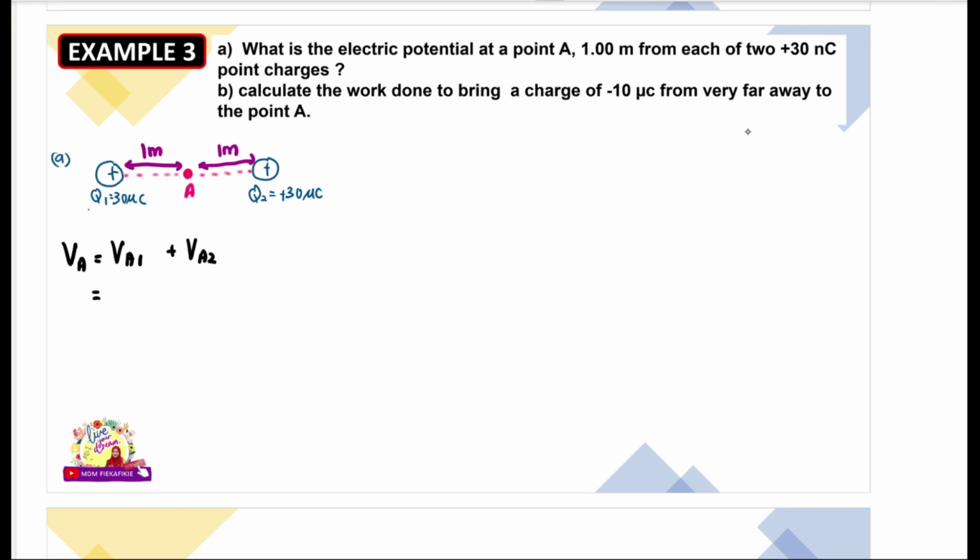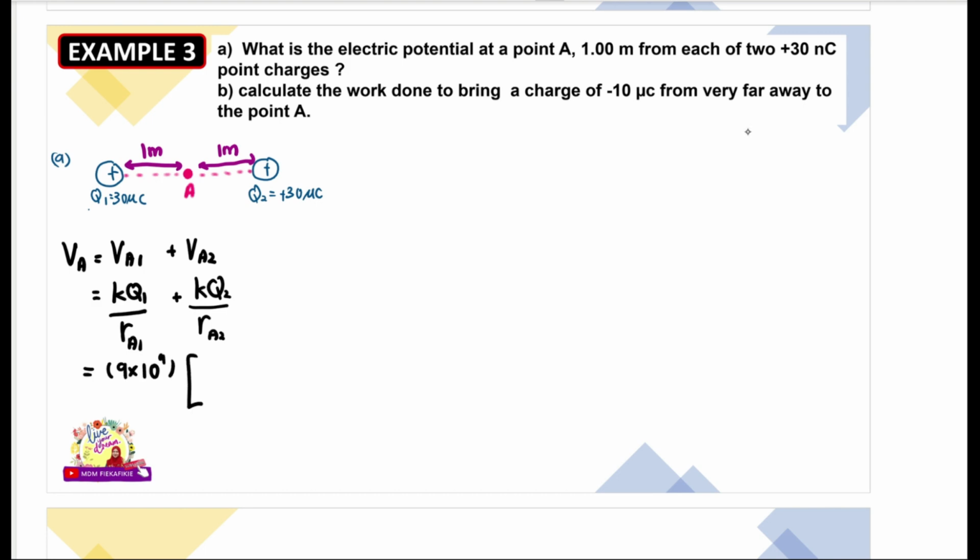Alright. So, kita substitute saja. VA1 is the potential at point A due to charge 1. So, KQ1 over the distance between point A and charge 1 plus KQ2 over RA2. Okay. So, we can substitute. Q1 dan Q2 dua-dua positif, so tak ada masalah lah. Okay, so distance R pun dalam meter, so we can just substitute.